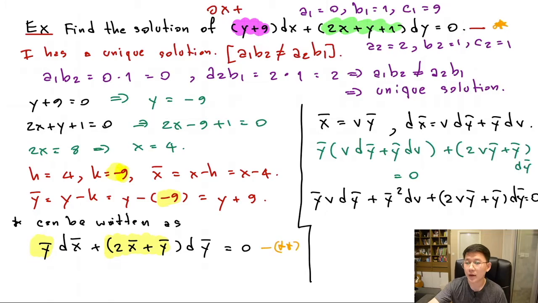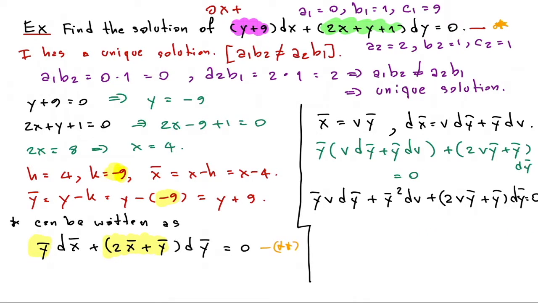Okay, and next, we know that it becomes separable somehow, right? So I'll write it in the form that is separable. So what I have here is y bar squared dv plus 3 v y bar plus y bar dy bar equals 0.